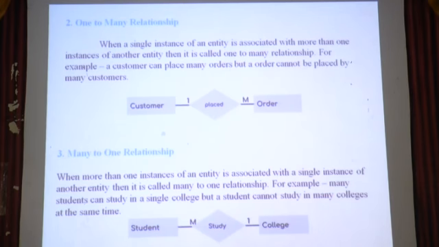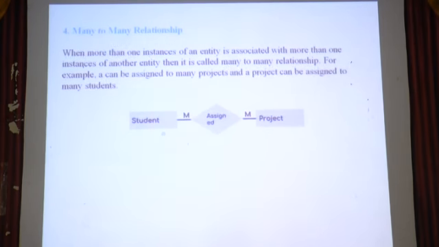Many-to-one relationship. When more than one instance of an entity is associated with a single instance of another entity, it is called a many-to-one relationship. For example, many students can study in a single college, but a student cannot study in many colleges at the same time. So this is represented as a many-to-one relationship in the diagram.